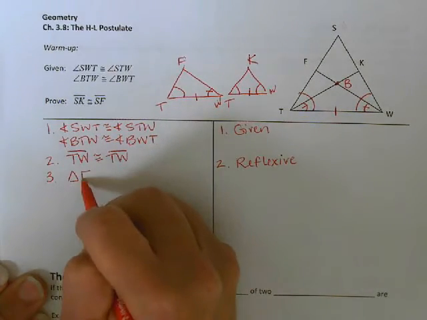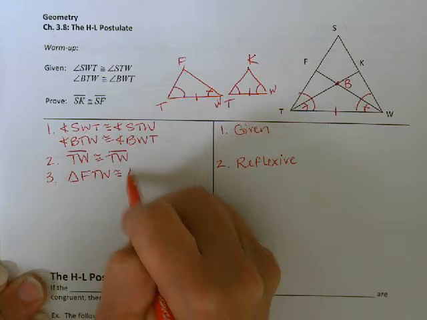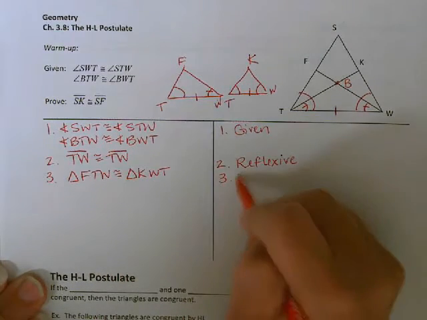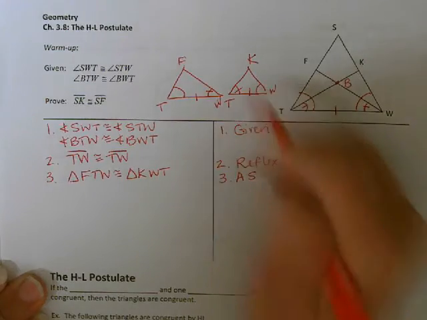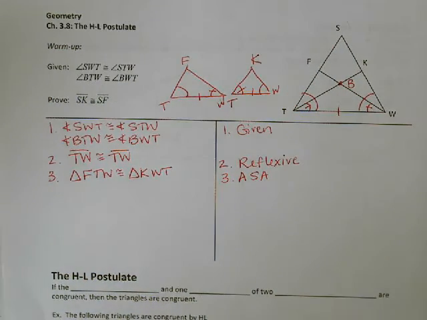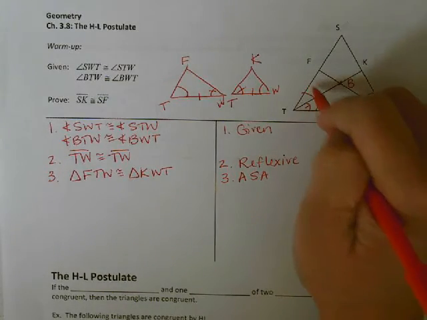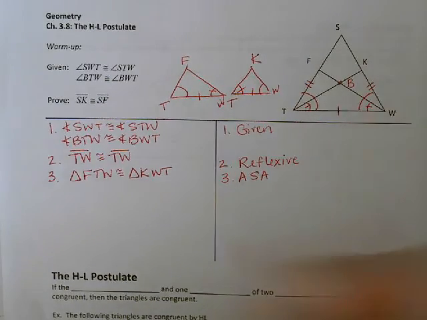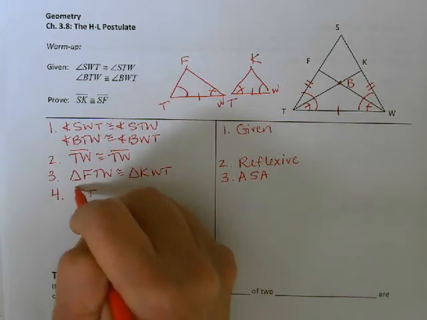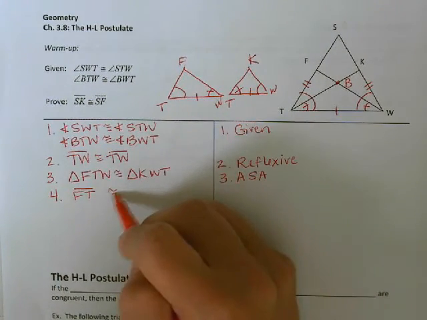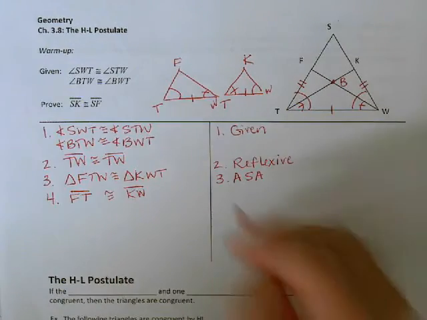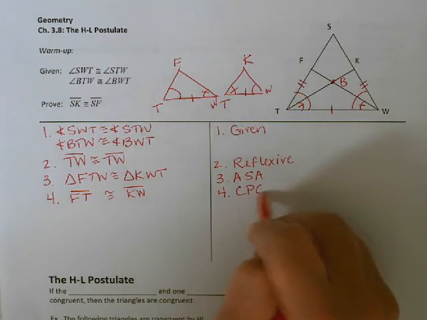So triangle FTW is congruent to triangle KWT by angle side angle. Now, the pieces that I want to get out from those two triangles are FT and KW. You want to double check and make sure those are actually segments that are sides of the triangles. So FT and KW are letters that are in my triangle correspondence, so I can do this. And our reason is CPCTC.